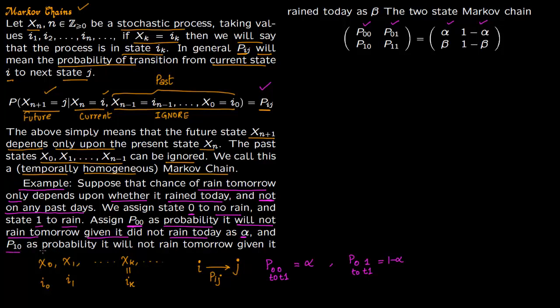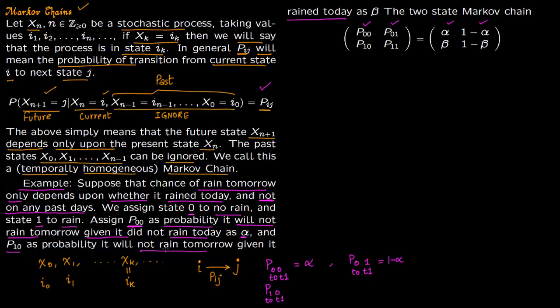P10 is the probability it will not rain tomorrow given it rained today. This is beta. So again we write it like this, P10. The initial state at time 0, and this is time 1. So at time 0 it rained and at time 1 it did not rain.